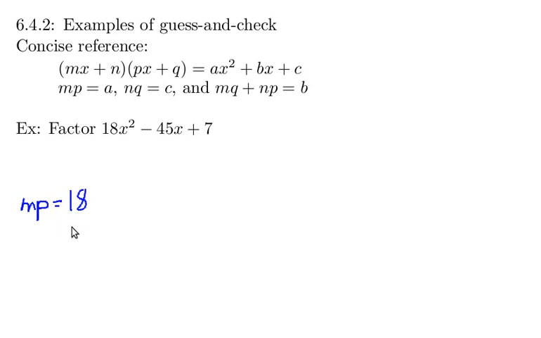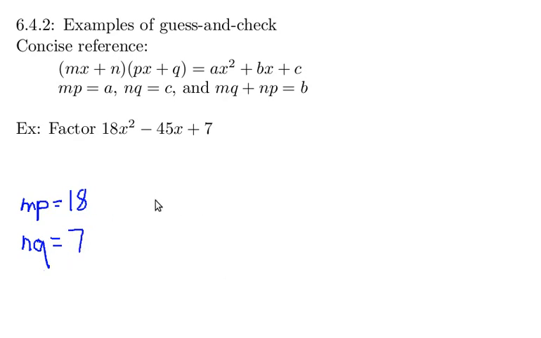Okay, and that's kind of a rough one. That could be 6 and 3, or it could be 2 and 9. I don't know what it's going to be yet. So then we want nq to be equal to 7. Okay, well that's easy because 7's a prime number. One has to be 1, the other has to be 7.